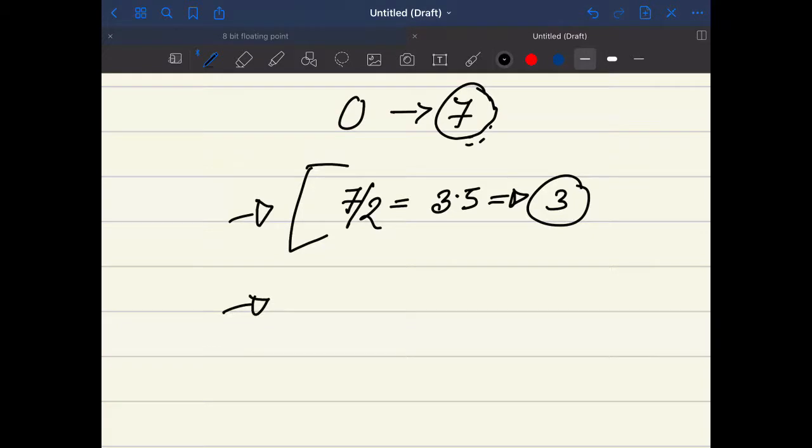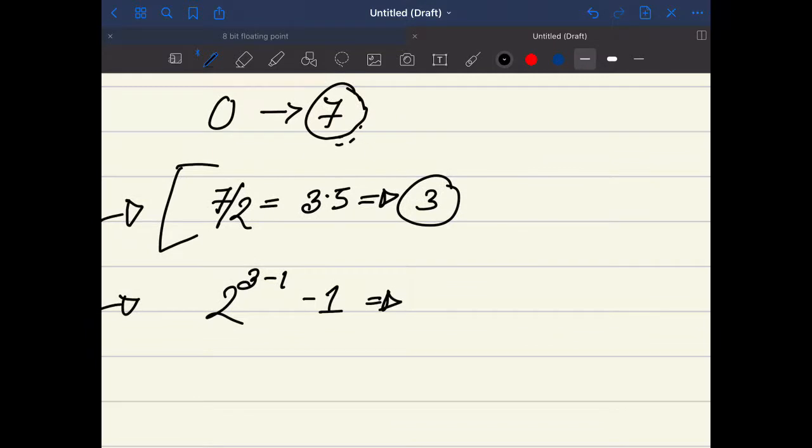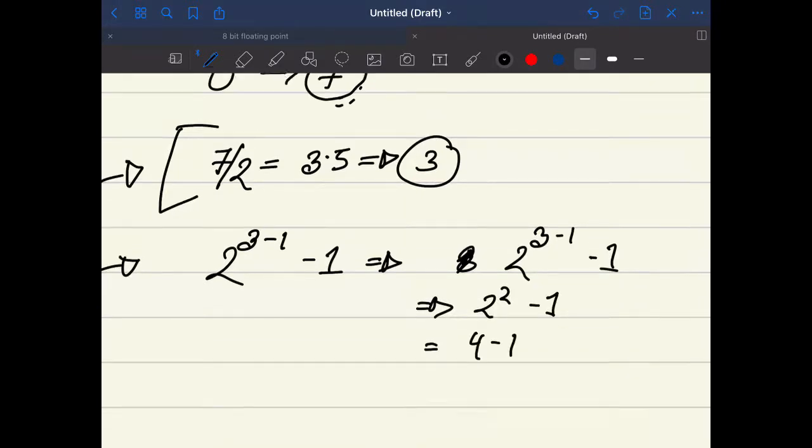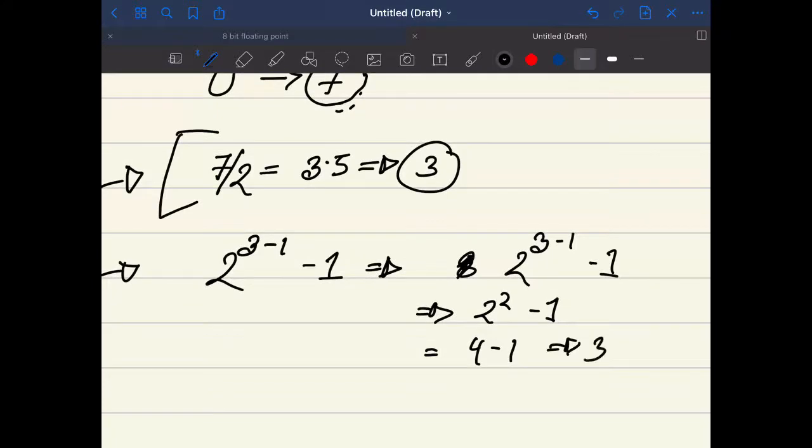However, the actual method is 2 to the power of the number of bits allocated to the exponent, minus 1, minus 1. For the 8-bit representation we have 3 bits for the exponent, so this gives us 2 to the power 3 minus 1, minus 1, which is 2 to the power 2 minus 1, which is 4 minus 1, and gives us the value 3, the same as before.